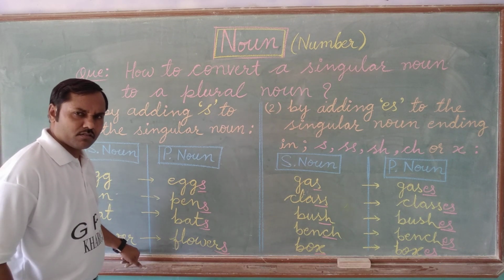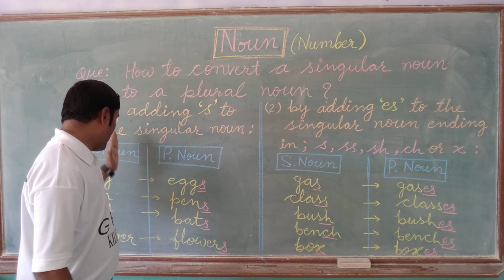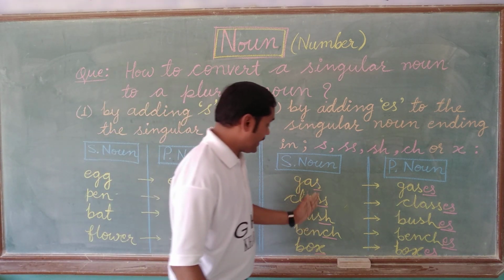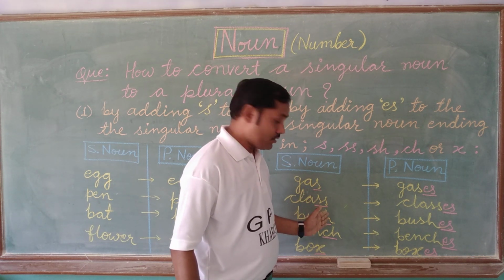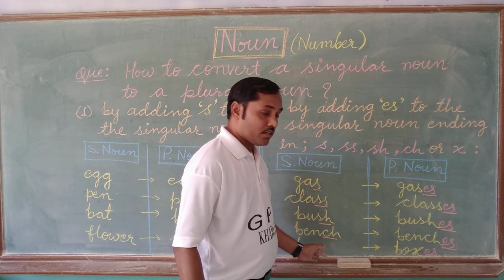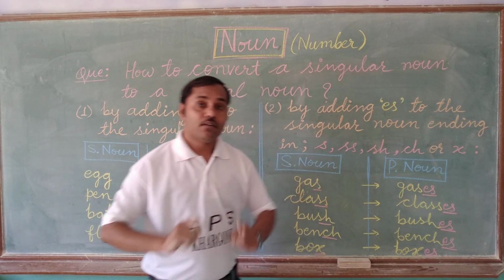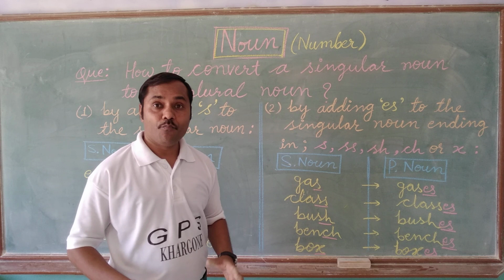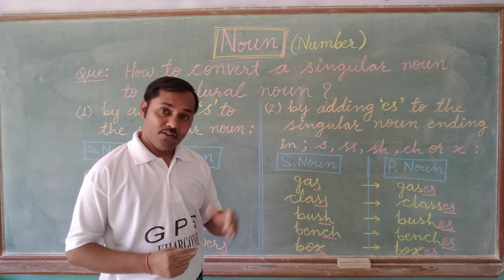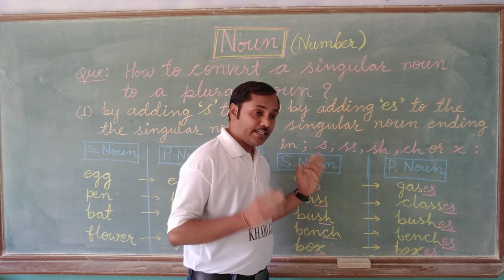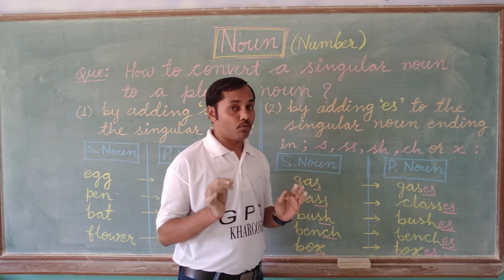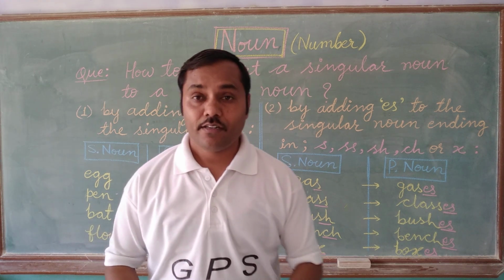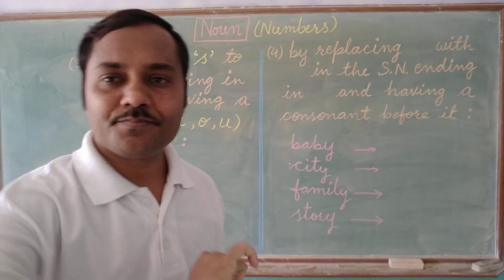So the nouns ending with these sounds can be added S only, but the nouns ending with S, SH, CH, X, and one more sound O, just like mango, mango. At that time we also add ES, mangoes, but there are some exceptions, so we will talk about it later. Now let's move to the third.